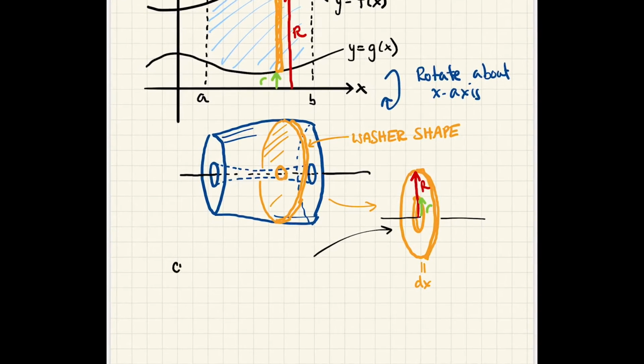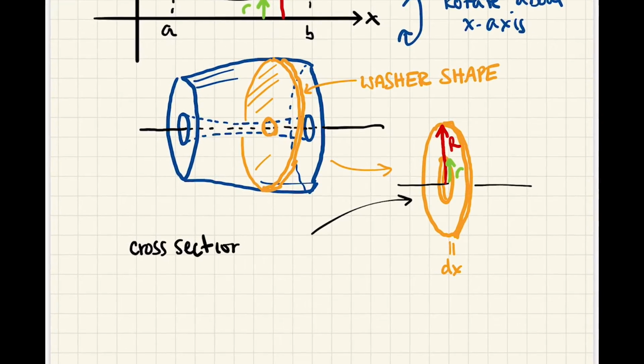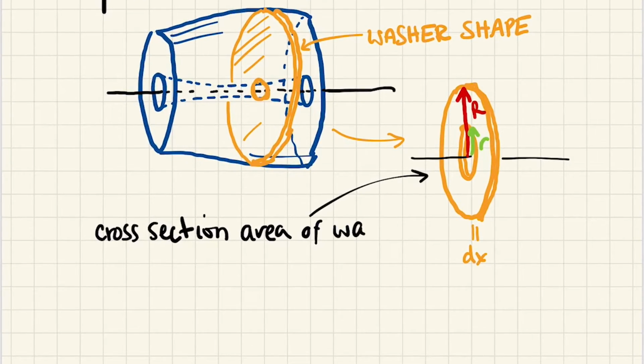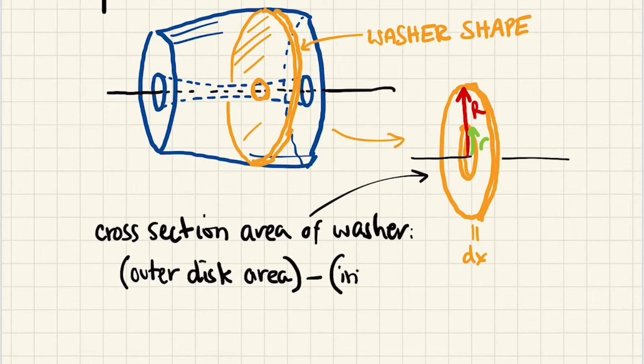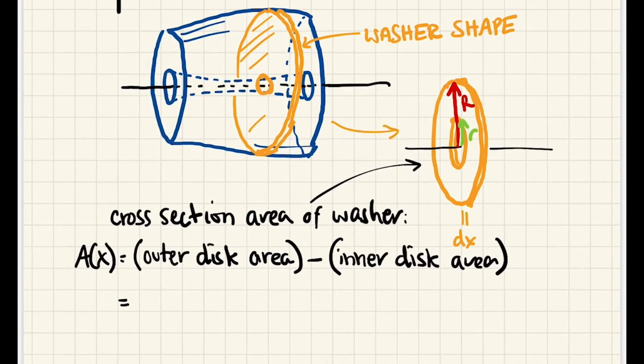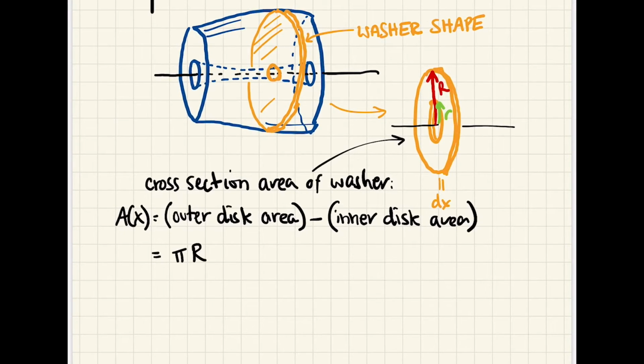So we can see that the cross-section area of the washer is just the outer disk area minus the inner disk area. We'll call that A of x. The outer disk area is pi capital R squared, and the inner disk area is pi lowercase r squared. And if we factor pi out, that's pi times capital R squared minus little r squared.